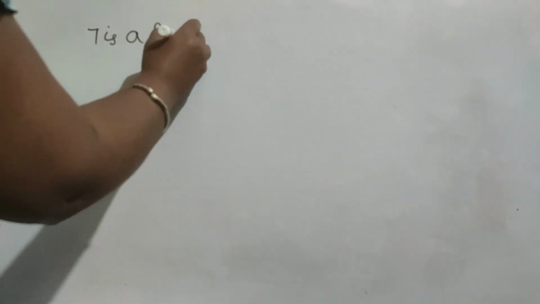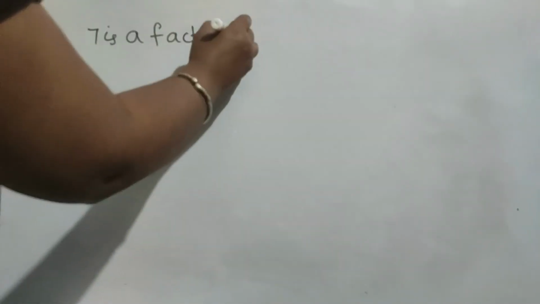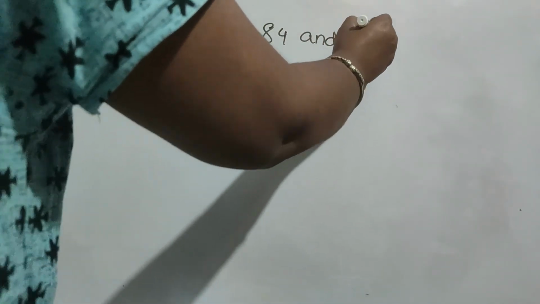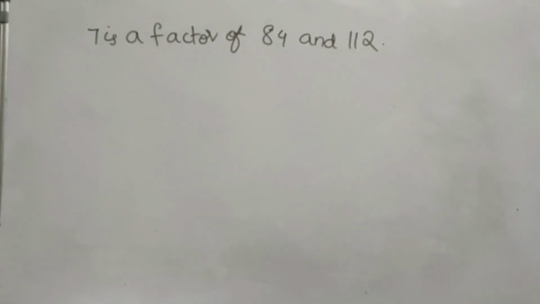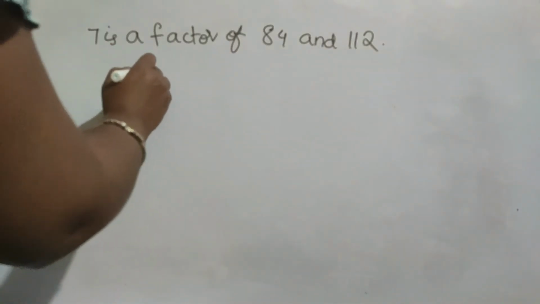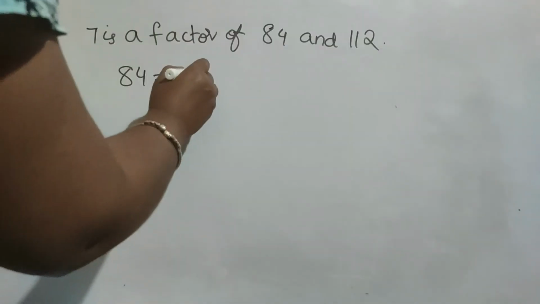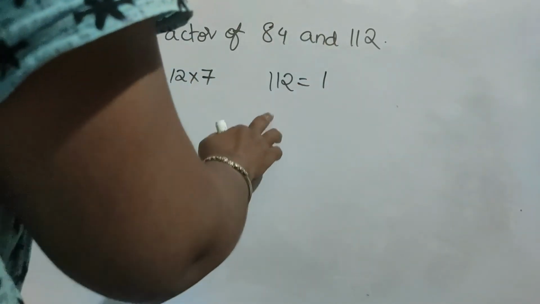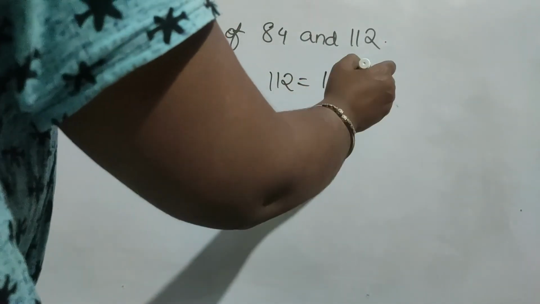7 is a factor of 84 and 112. 12 sevens are 84. For 112, 16 sevens are 112.